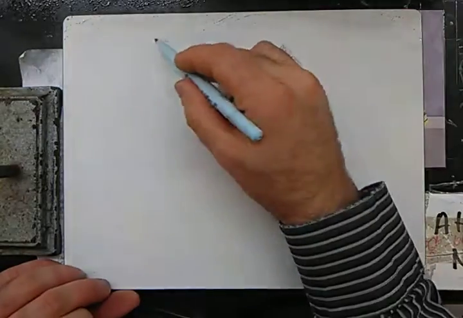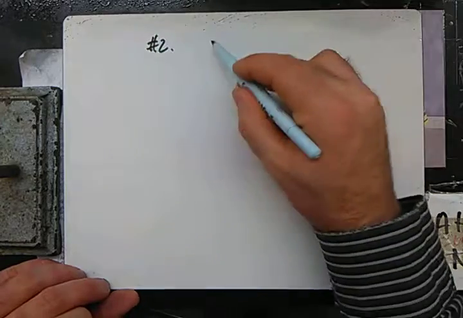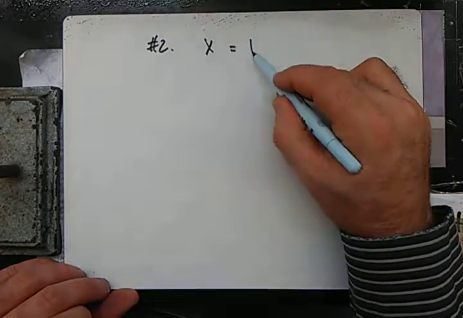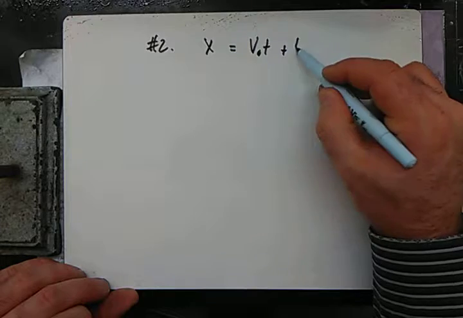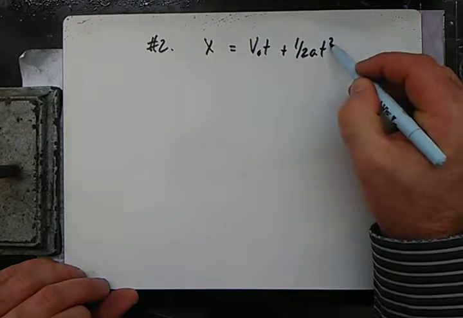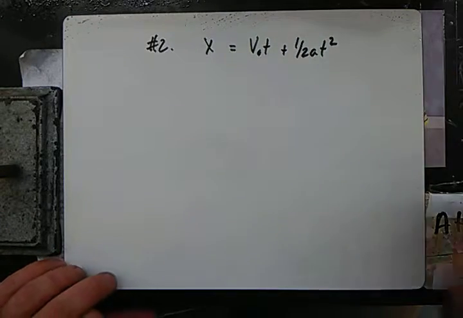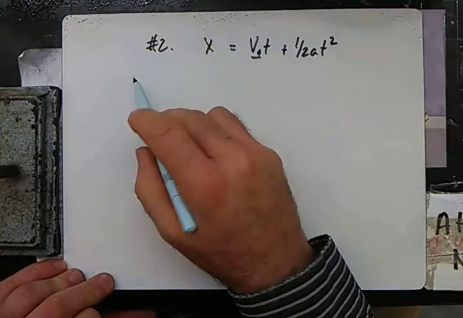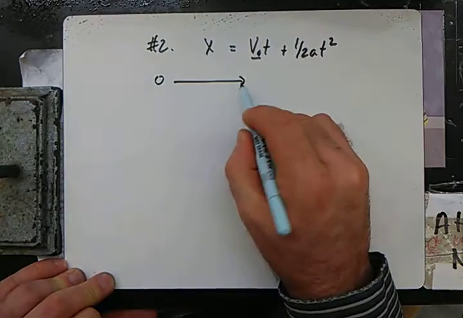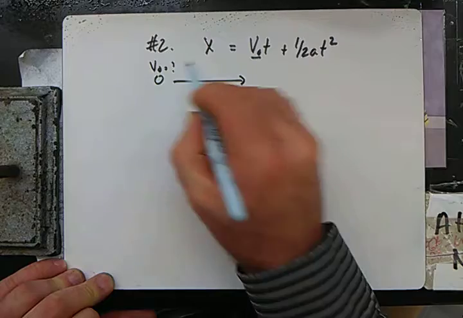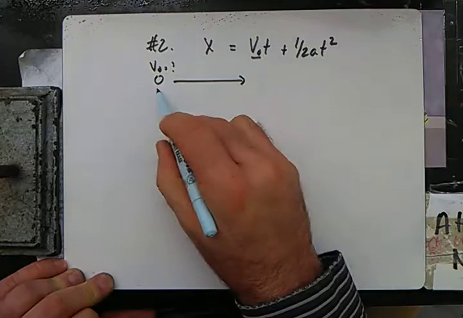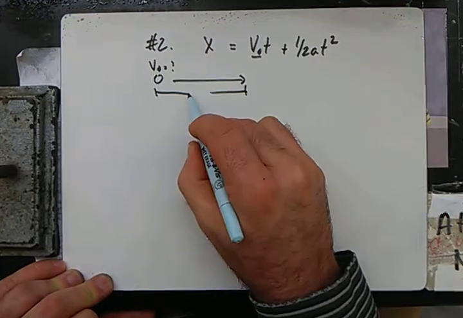Okay, still looking at formula number 2, where we say displacement is initial velocity times time plus half a times t squared. So let's solve for initial velocity. Initial velocity is question mark. We know how far it goes.